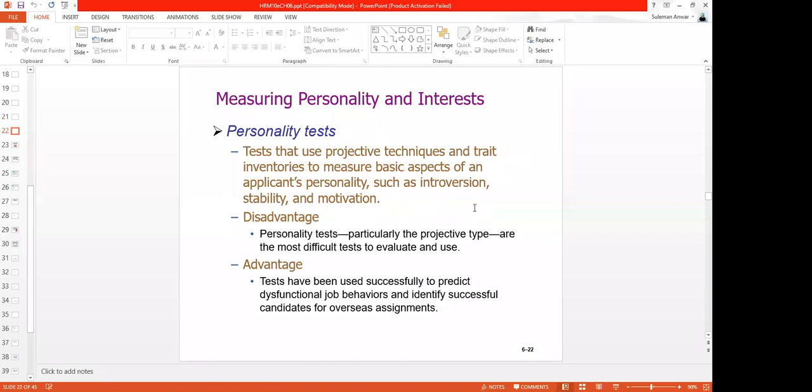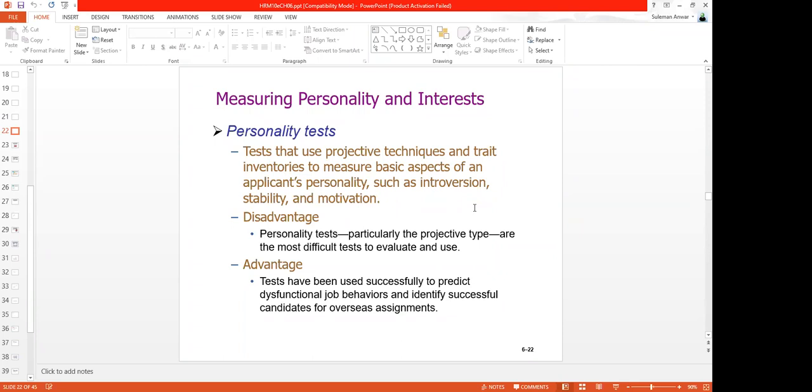Now, another very major set of tests are related to personality tests. Okay, even in Pakistan and even in local organizations, we have a couple of HR departments who have developed a very good inventory of different tests, and those tests also include certain personality tests.